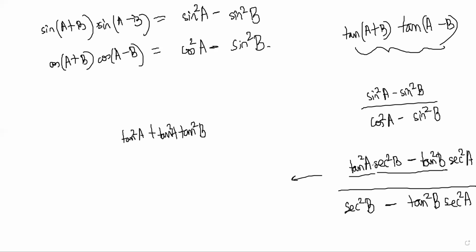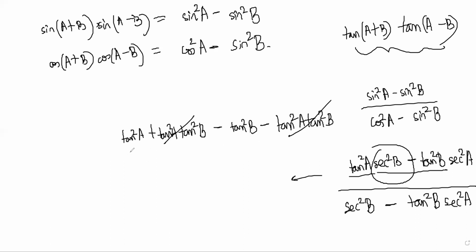Sec square A I am writing as 1 plus tan square A, right? Minus, this side is minus tan square B minus tan square B tan square A. So this cancels.